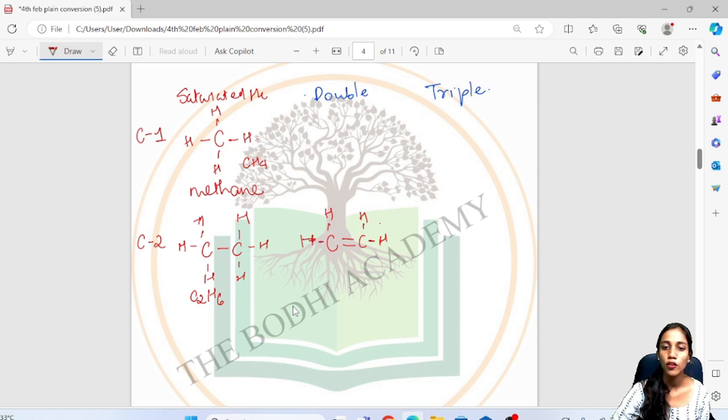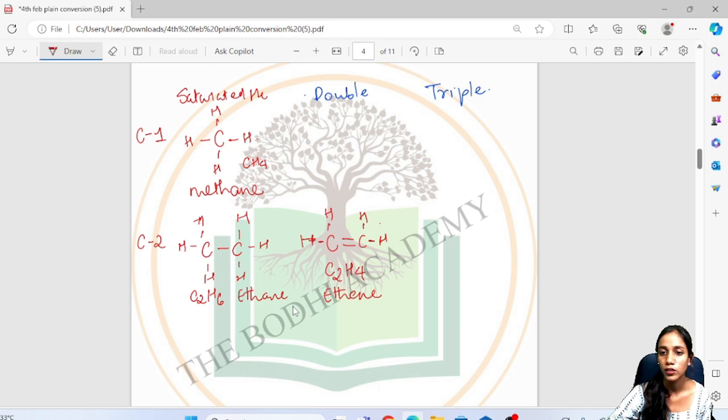So the formula for this becomes C2H4. Because there is a double bond and there are 2 carbons, the name of this is ethene. Over here there was a single bond, so the name of this was ethane.